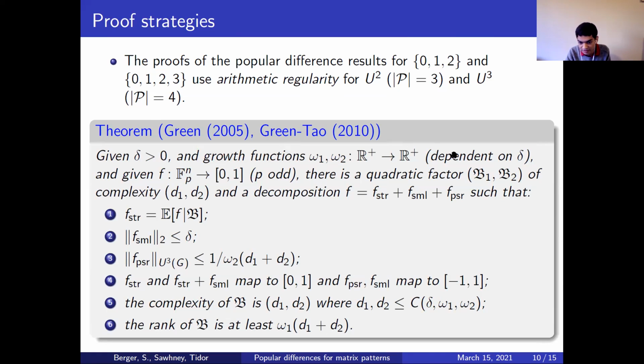for higher regularities. Okay, so at a high level, what it does is it decomposes our function f into a structured component, which you can think of as our finite complexity model of our function, something that's small in L2, and something that is pseudo-random, in the sense that it has a small U3 norm.